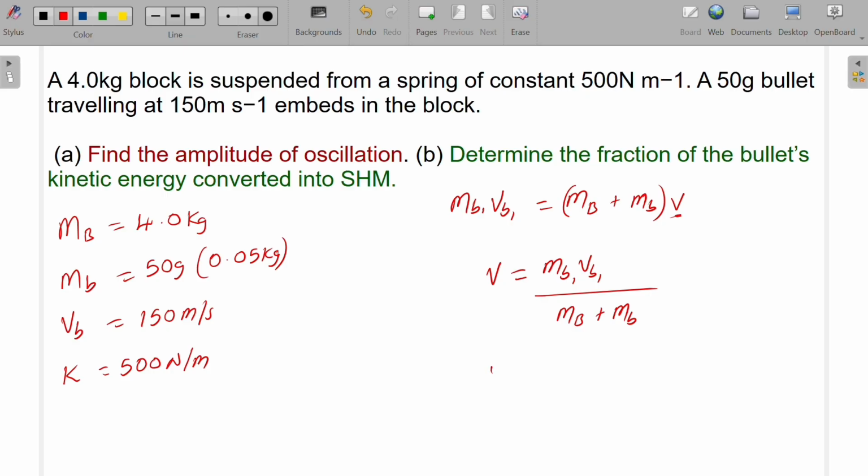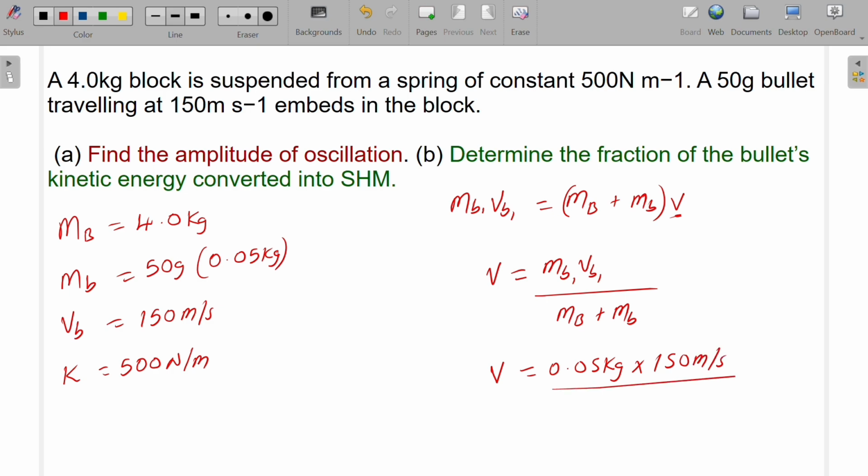And when we replace here, we'll say the mass we have for the bullet is 0.05 kgs. And this will multiply by the speed that we have, which is 150 meters per second.